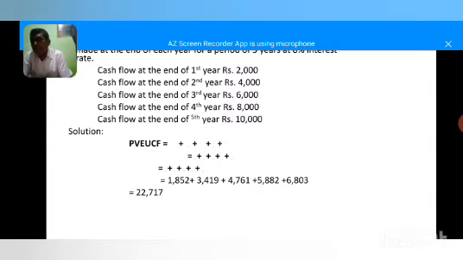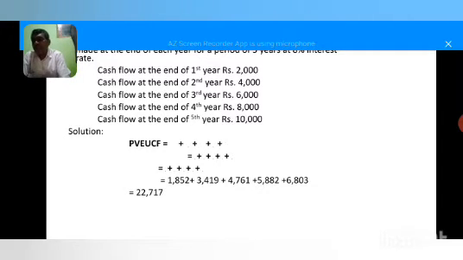Calculate the present value of the following series of payments made at the end of each year for a period of 5 years at 8% interest. Cash flow at the end of first year rupees 2000.